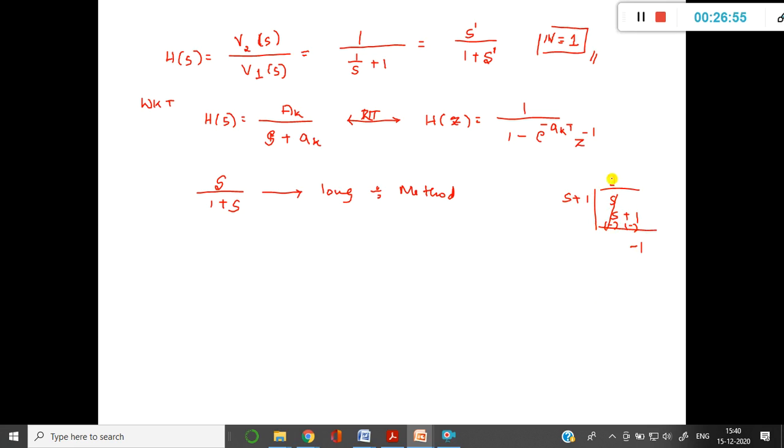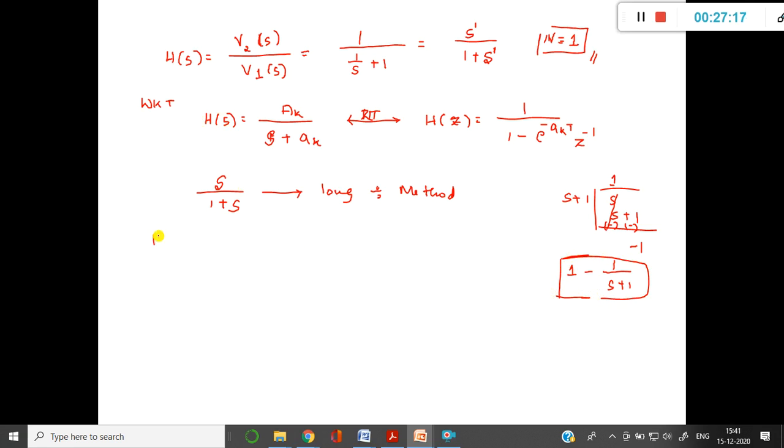So how do you write this? 1 minus 1 divided by s plus 1. Directly I'll put the minus here. So this is the form.